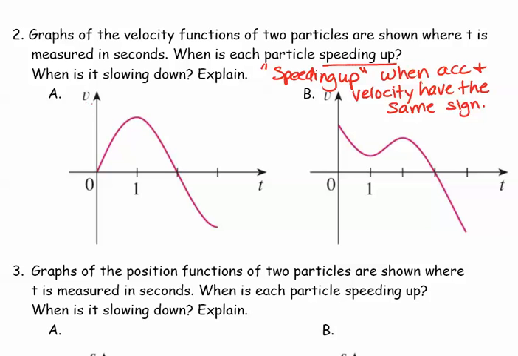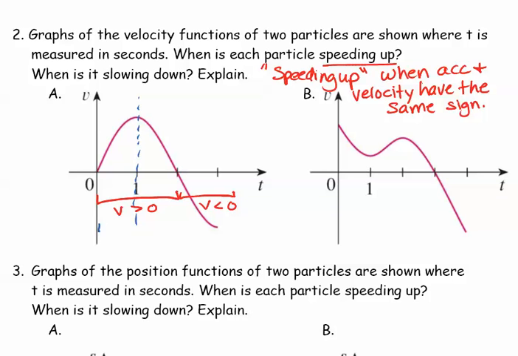So we better think about velocity here. So we know here, and this seems kind of obvious, we know in this interval that velocity is positive, and in this interval velocity is negative. But now let's think about acceleration. So acceleration comes from the slopes. Acceleration is the derivative of velocity.